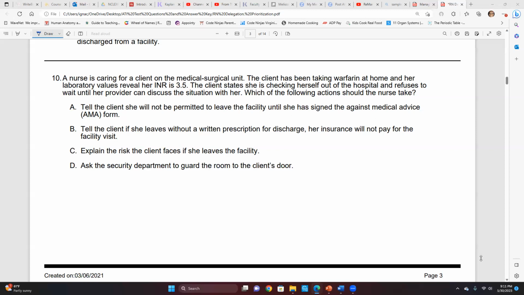Tell the client she leaves without written prescription for discharge, the insurance will not pay. Explain the risks if she leaves the facility. Ask the security guard. We can't force her to stay. She wants to go. She has a right to go. I think she has to sign.